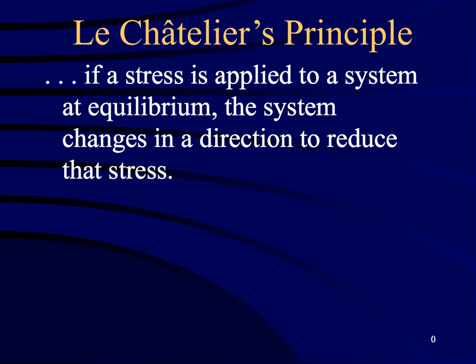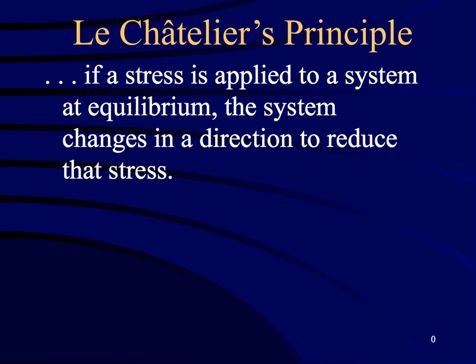The last concept, all part of equilibrium, is what we call Le Châtelier's principle. He's French. Let's read together what his statement says. If a stress is applied to a system at equilibrium, the system changes in a direction to reduce that stress.